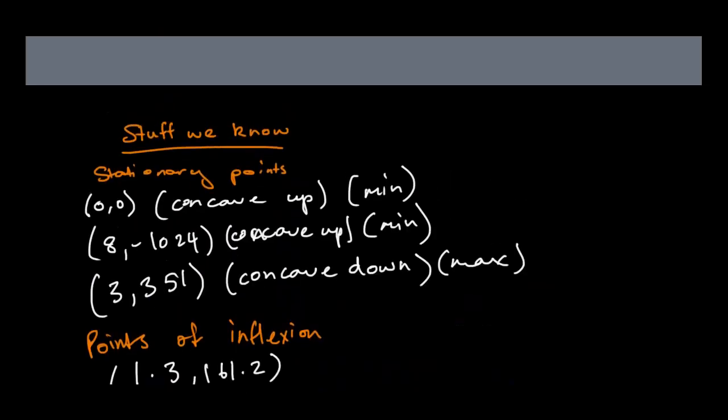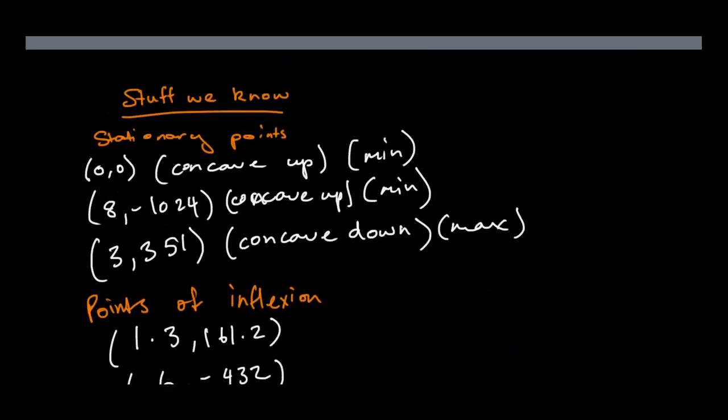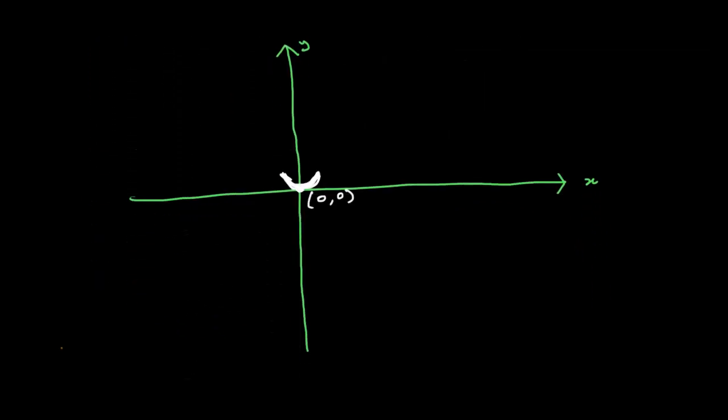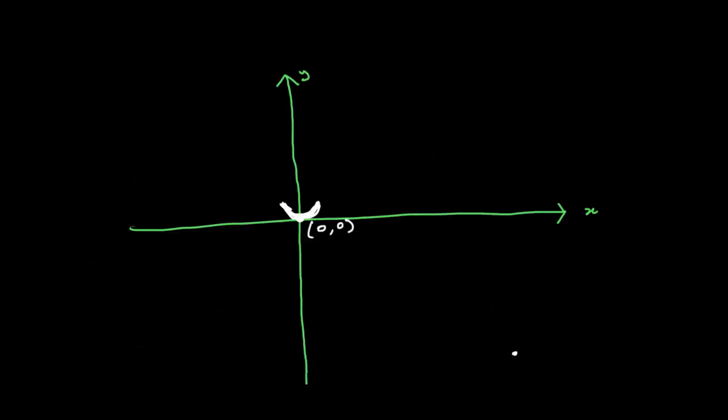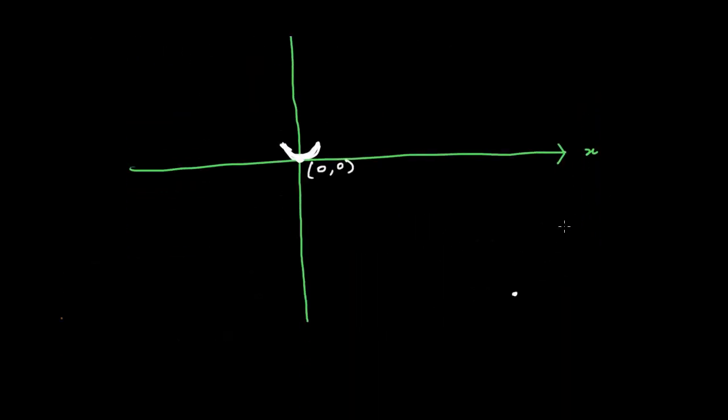You've got 8 and negative 1024. Let's just say it's here. Now that was also concave up. It was a minimum, so it has to go like this. So we can just plot it again, just a little bit like that. So it was 8, negative 1024.